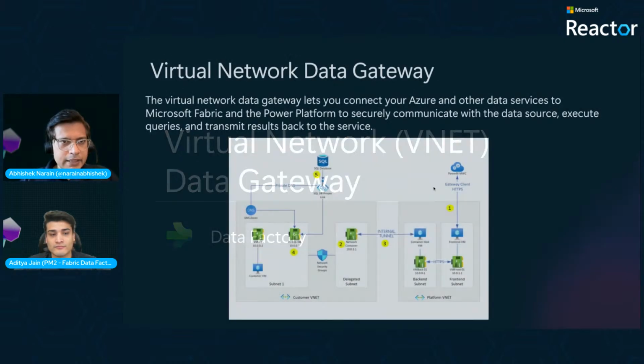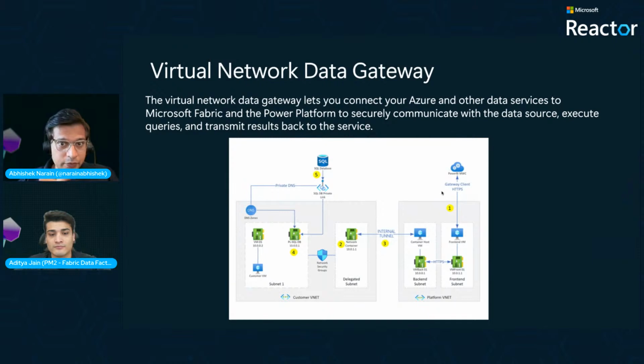Now let's move on to the next slide, which is the virtual network data gateway. How this works, not going into the details of the implementation, is that we are able to inject compute nodes in the customer's VNet, in your VNet. Of course, you have to do a delegation for that, and I'll show you in a bit. But in some sense, just understand that we are able to add nodes on the fly without much latency.